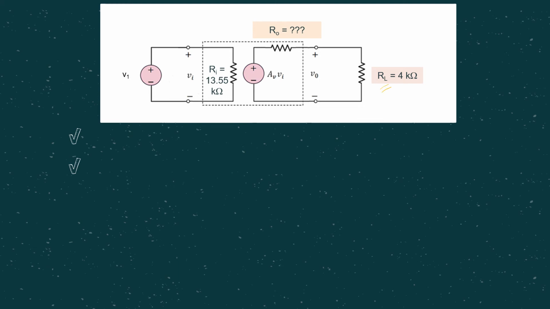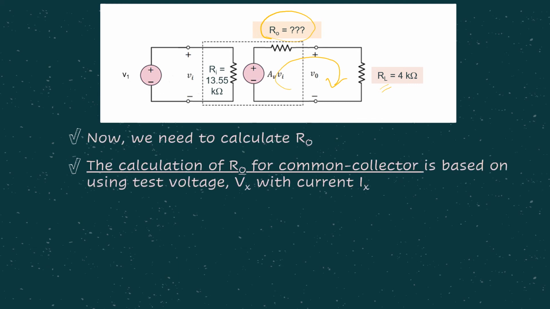So in order for us to solve for the voltage gain, we need to do a voltage divider in this loop. Obviously, in this case, we need to find the output resistance value R0. We need to consider R0, so that's why we have to calculate for R0. Then how to get R0?